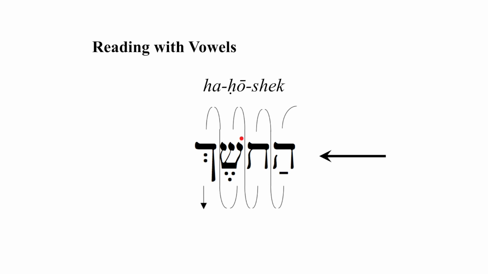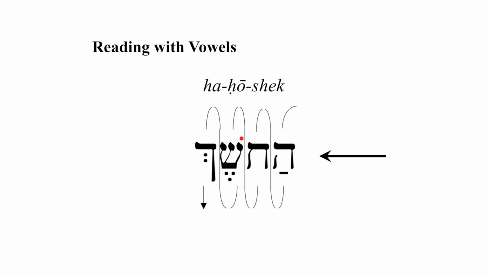They just let one dot serve for both. So as you move down, you first of all encounter the letter He and the Ah sound, ha. You transition back up, you catch your next consonant, the Chet, and as you come down, you're expecting to find a vowel, but you don't see a vowel, so you come up and oops, we don't have a vowel here either. It looks like we just have a consonant.